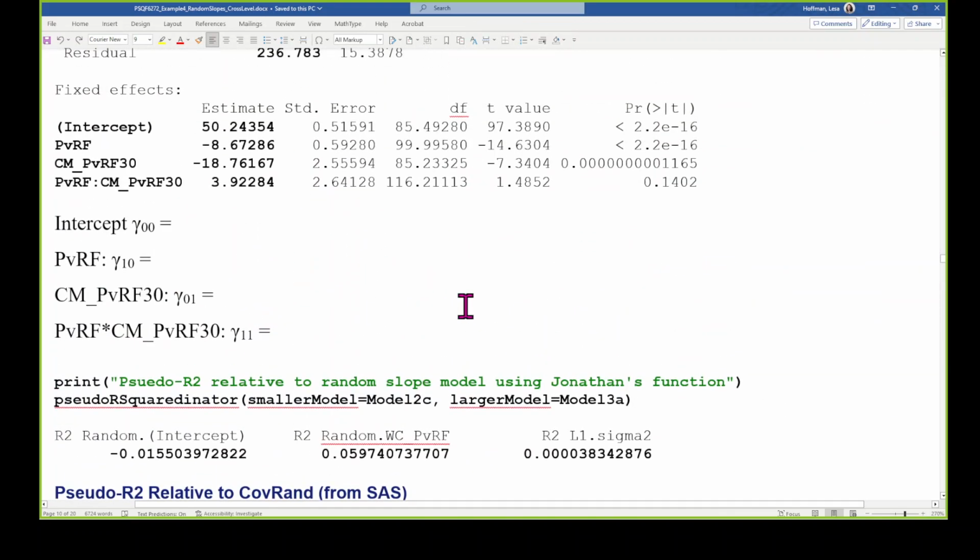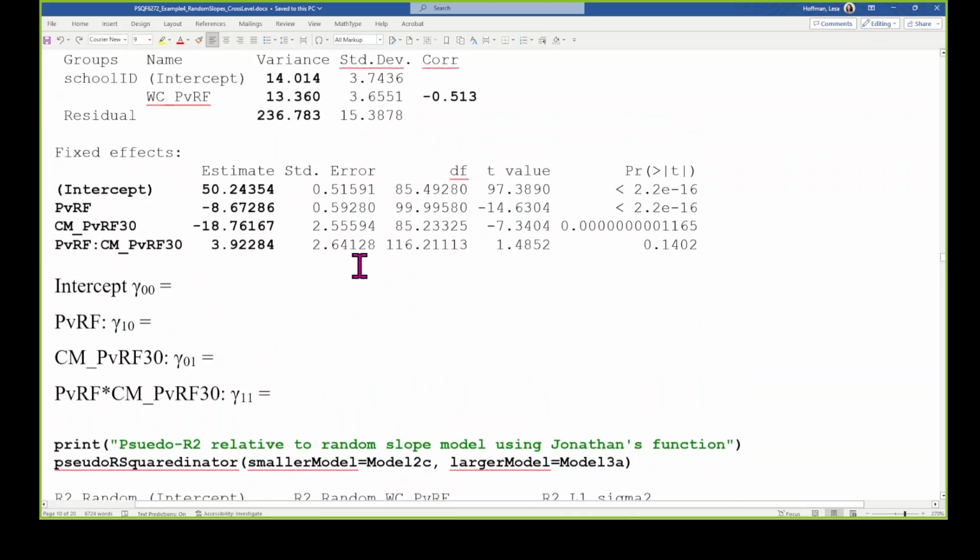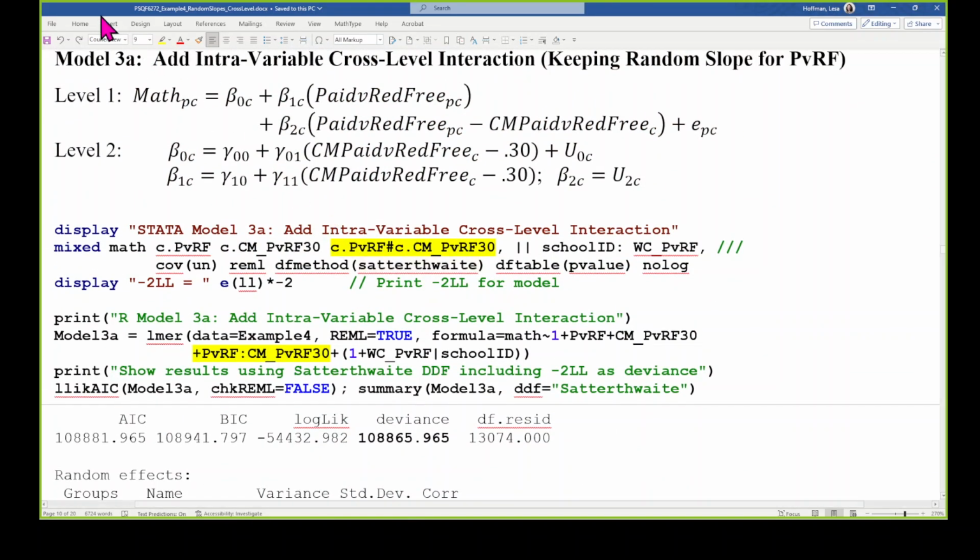So we re-went over last time the first half of the handout, and we got to 3A, for instance. After we added a random slope, we added a cross-level interaction between the two halves of this lunch variable. And we discovered that that cross-level interaction was smushed, because we are multiplying the original paid versus reduced and free variable.